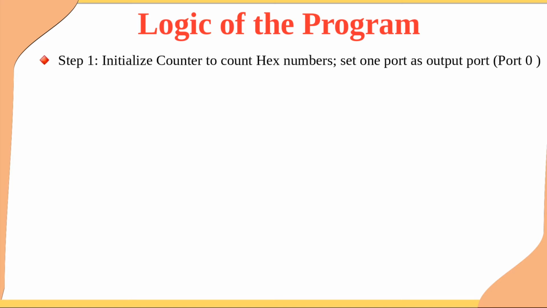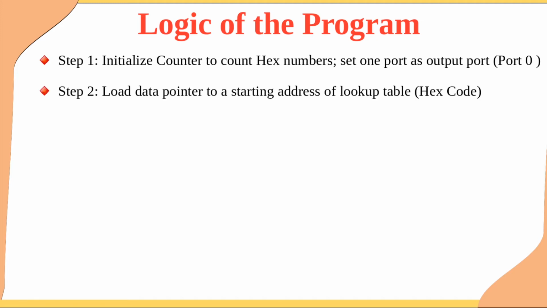The first step is to initialize a counter to count hex numbers. As there are 16 numbers, we should take one register as a counter and initialize it to 16, and set one port as the output port to which the 7 segment has been interfaced. In our case, we have used port 0.